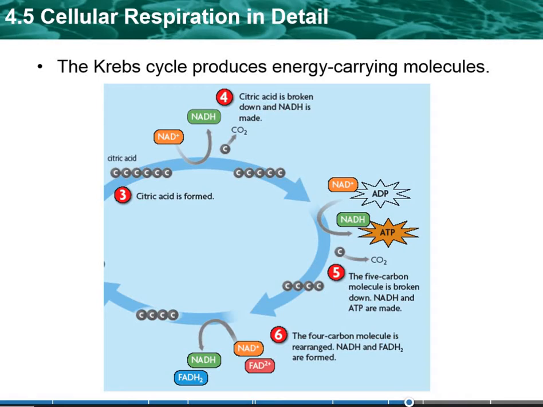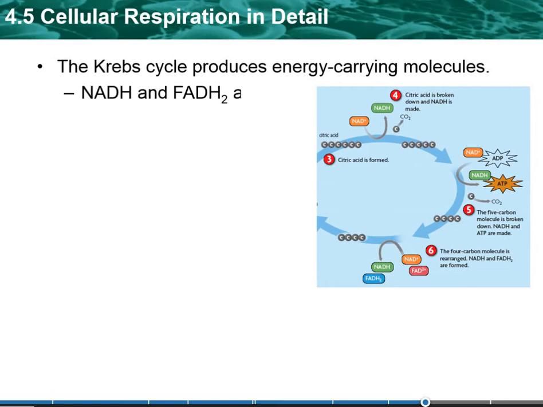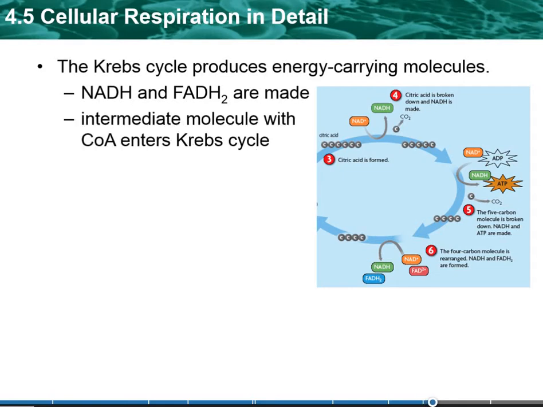You've got an NADH created there, and NADH created down at the bottom, and FADH2 is going to be created, and it's going to keep just going around that cycle. So the Krebs cycle, like I said, produces these high energy electron carriers, the NADH and the FADH2.